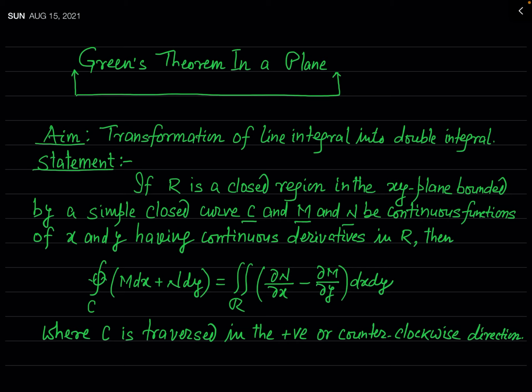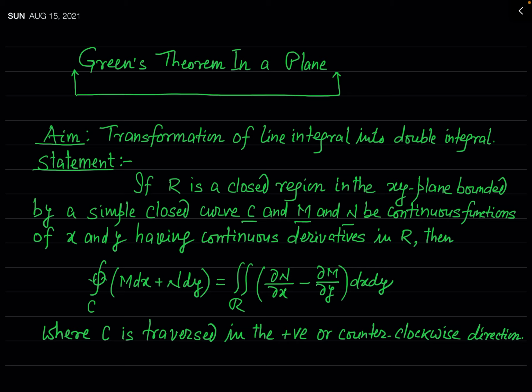In fact, this closed curve C is traversed in the positive sense, or you can say the anti-clockwise or counterclockwise direction. I have marked the arrow sign here, which represents the counterclockwise rotation on this integral sign along the curve C. So this is the statement.